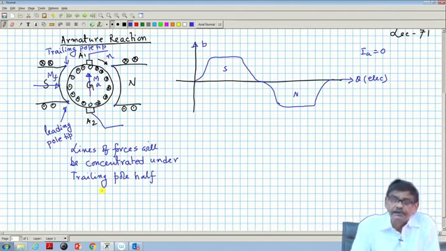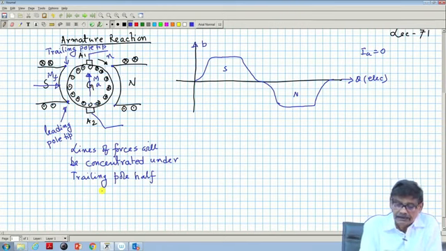And electromagnetic torque will always be experienced from the denser concentration of lines of force towards the rarefied portion of the lines of force. Therefore, electromagnetic torque will be in the opposite direction.